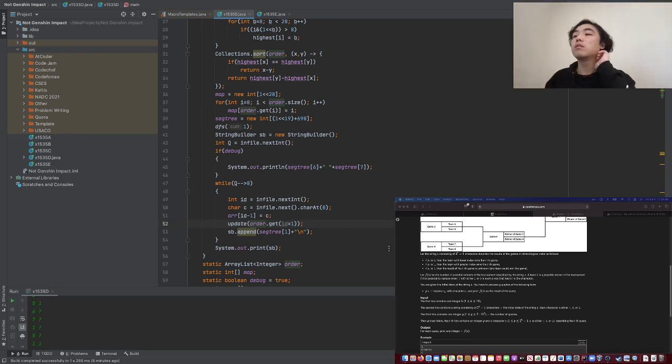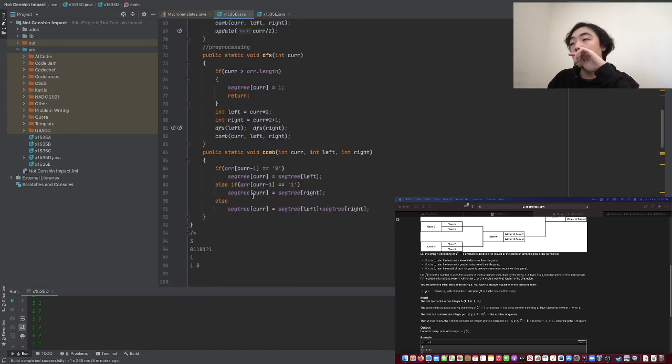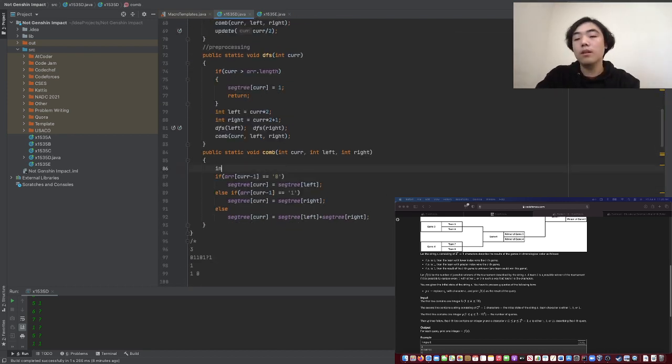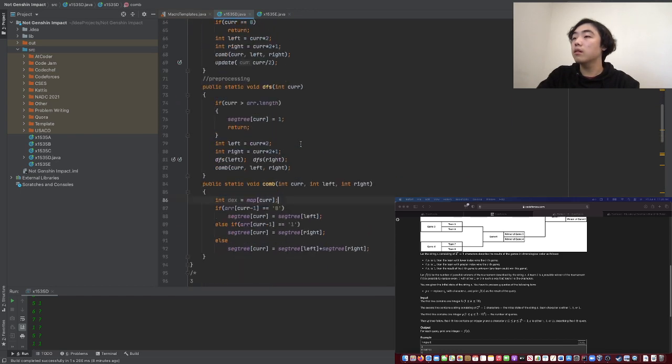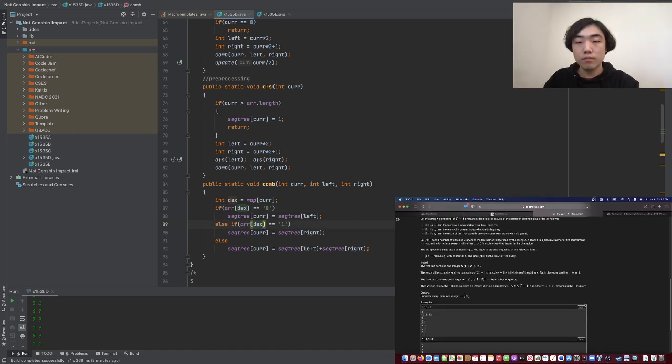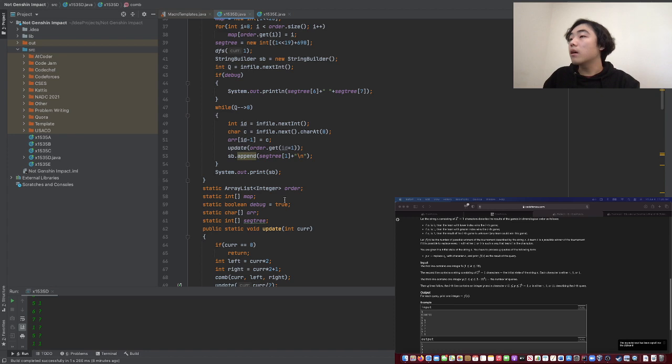And then when we update it over here, index is equal to, we map at cur. Let's try. Let's just give it a shot.